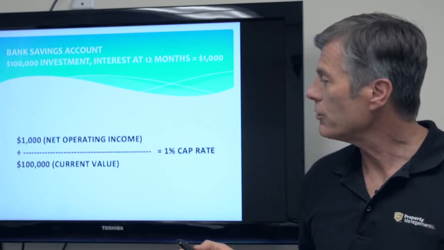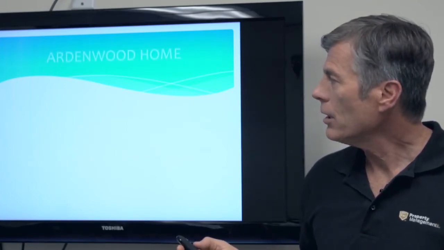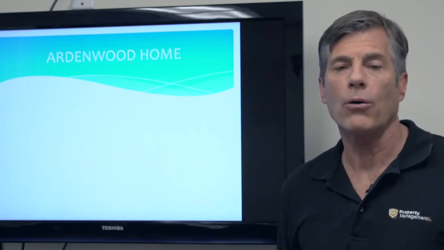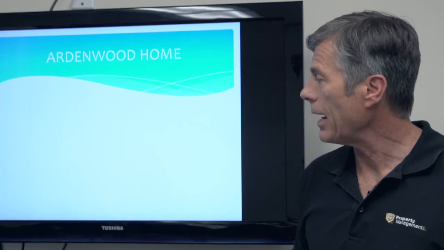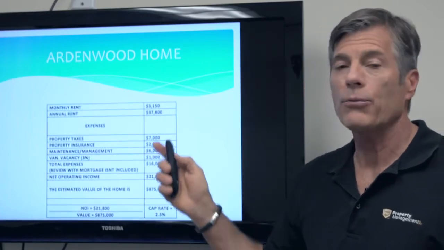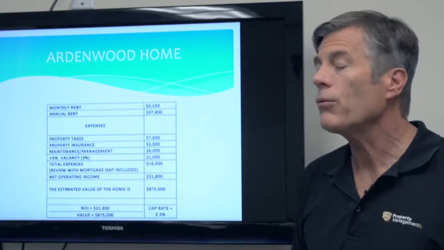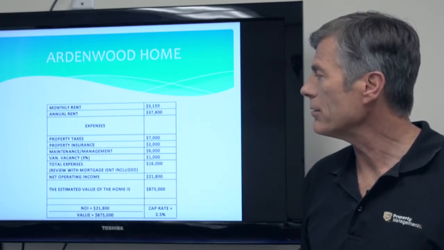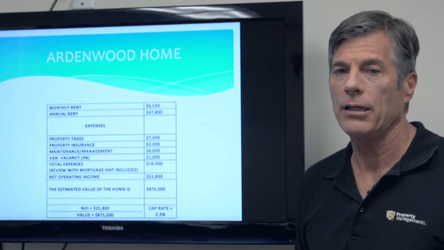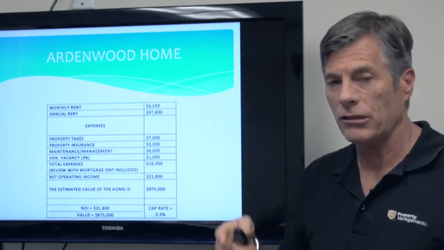For instance, let's move to real estate. Let's say we have this Ardenwood home in North Fremont, and the owner wants to determine his cap rate. Well, his monthly rent that he's getting from this home is $3,150. Times 12 gives him an annual rent of $37,800. Now from this we deduct his expenses.